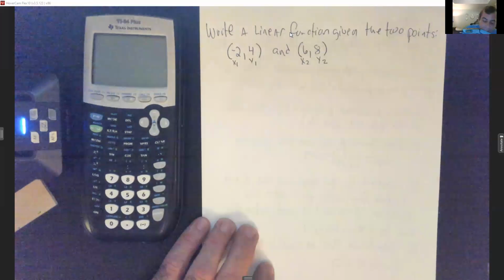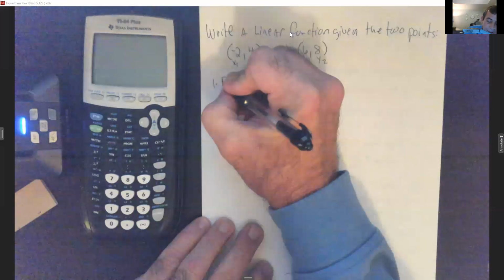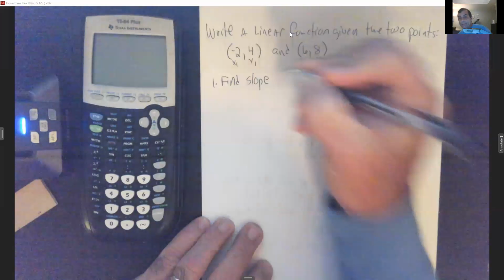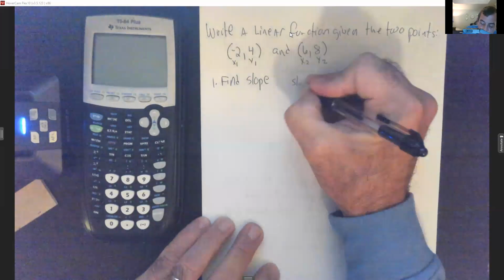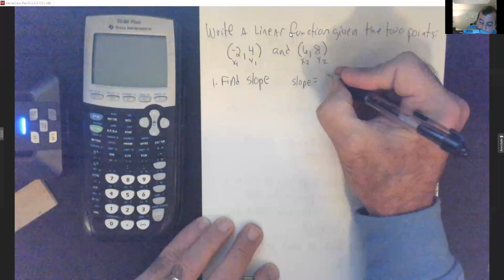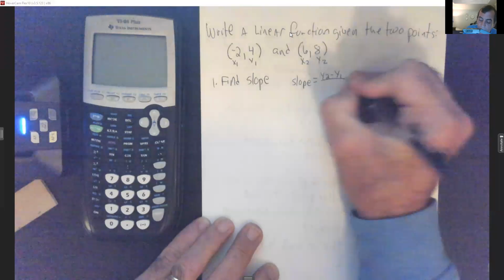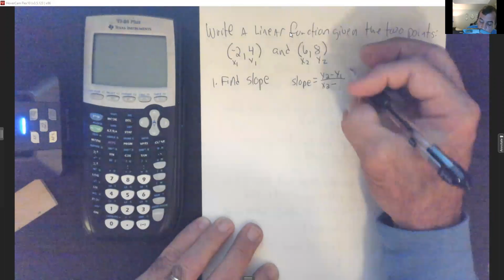So the first thing we got to do, we got to find our slope. And we know the slope formula is going to be the y2 minus the y1 over the x2 minus the x1.